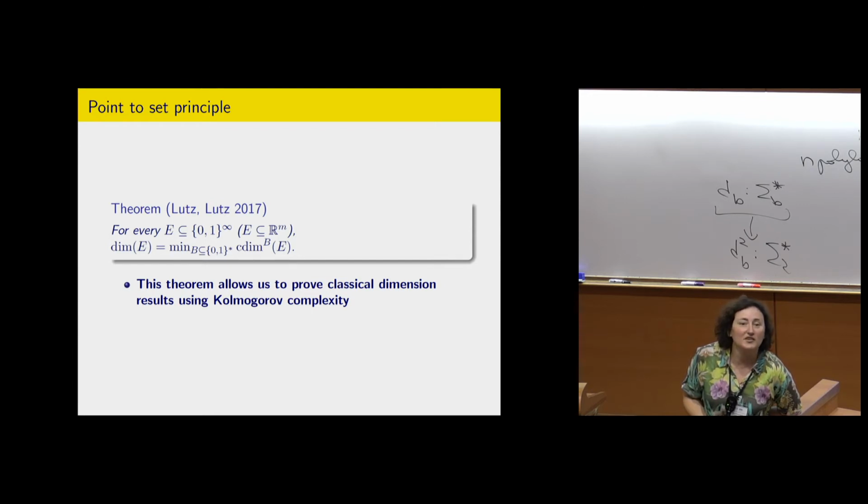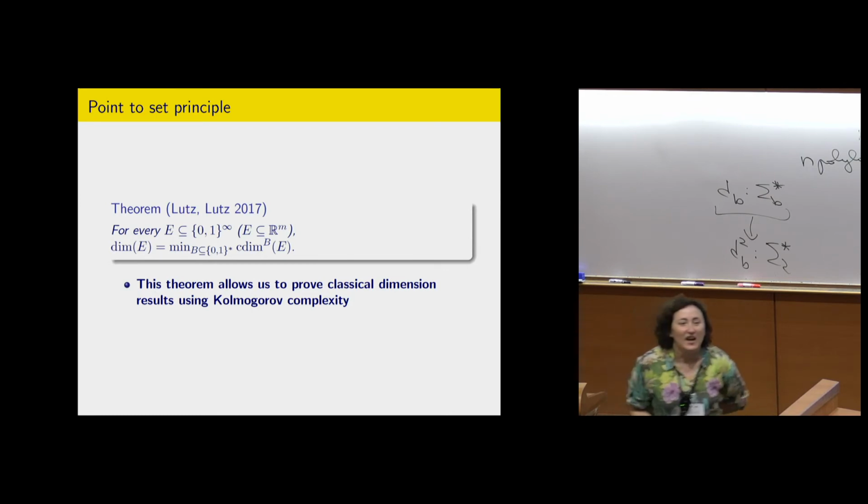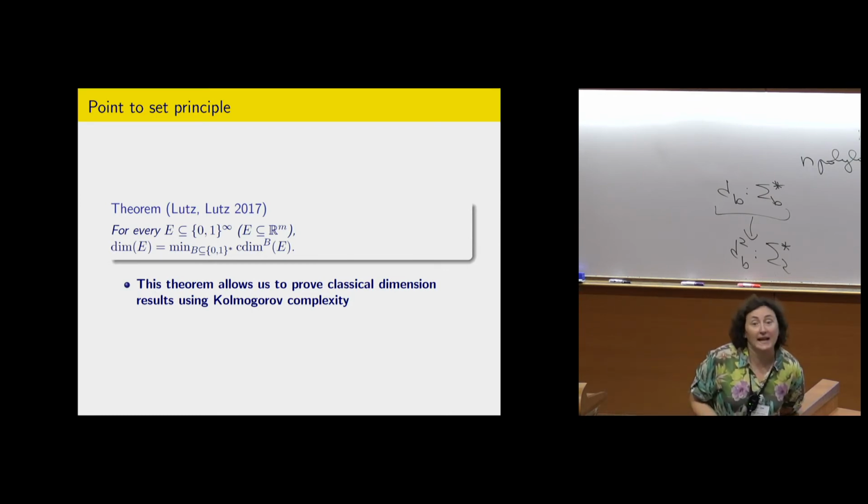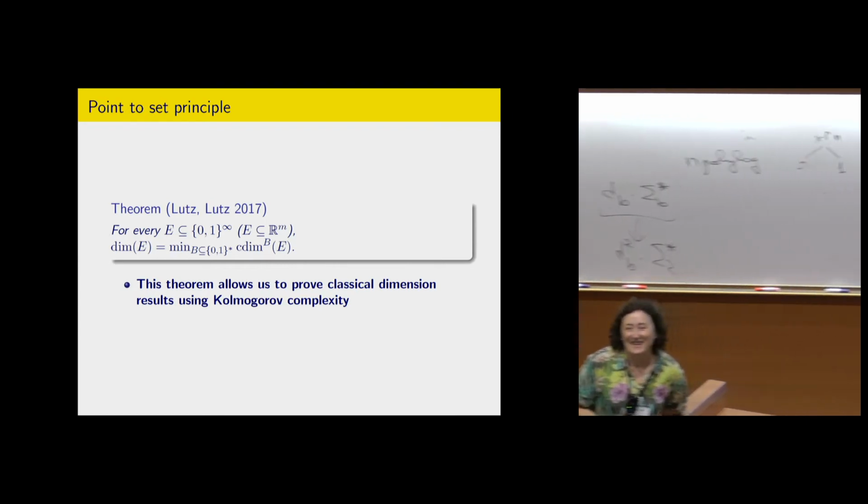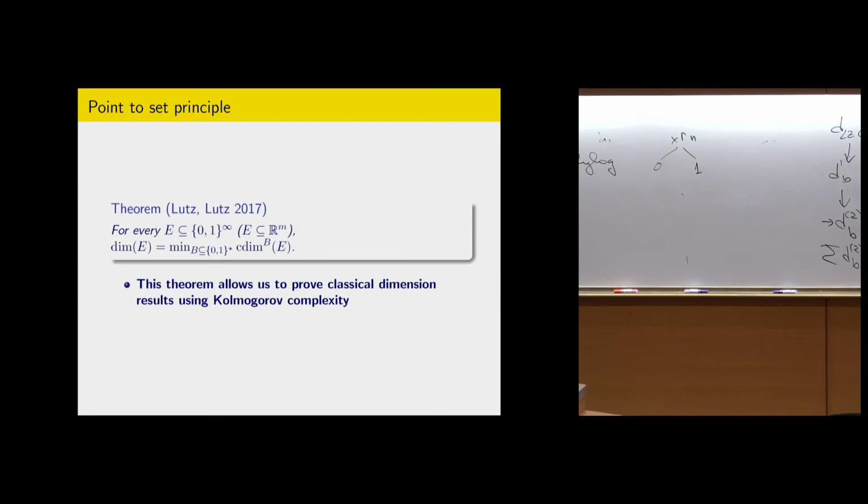I really recommend you read the proof of this theorem. It's really neat. It's strongly based on the fact that we can characterize effective dimension using Kolmogorov complexity. That's descriptive theory. To get a dimension result, you bound the dimension, and you get how good the coverings are that give you this dimension.